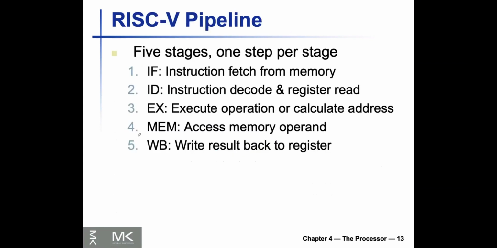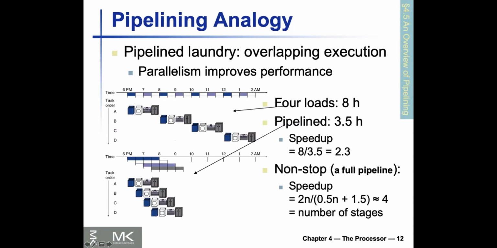So as a recap, we talked about the 5 stages of the RISC-V pipeline, because the resources are limited. Now assume this is a 4-stage pipeline. Instead of doing tasks purely sequentially, where the second task needs to wait to access this machine, why not, by the time the first task finishes with the first machine, let the second task use the first machine, right?